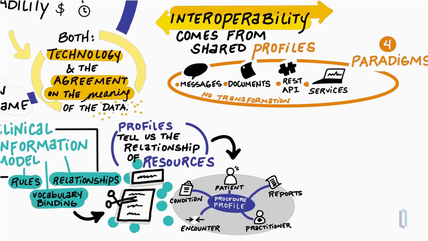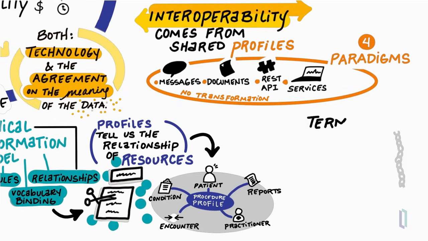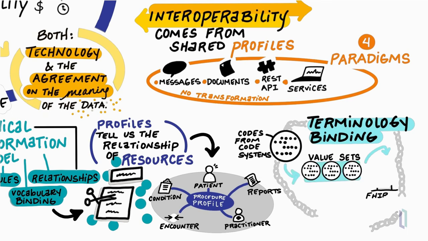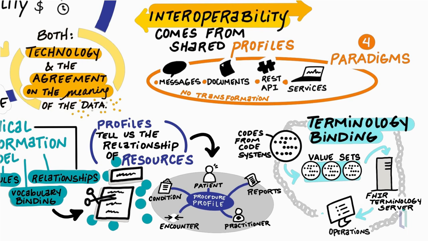Now, one of the things that is different about FHIR and makes it so powerful is that included in the FHIR specification are the concepts of a FHIR terminology server. So a terminology server stores all of the value sets and the code systems and can manipulate those codes and value sets for the purpose of a particular use case.